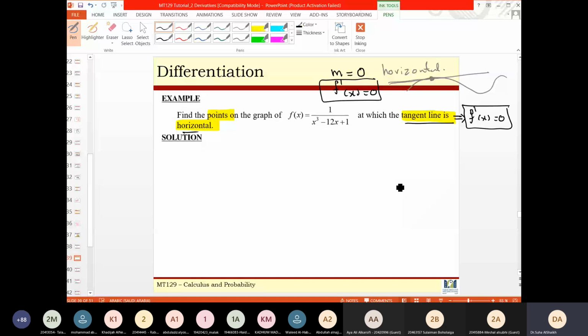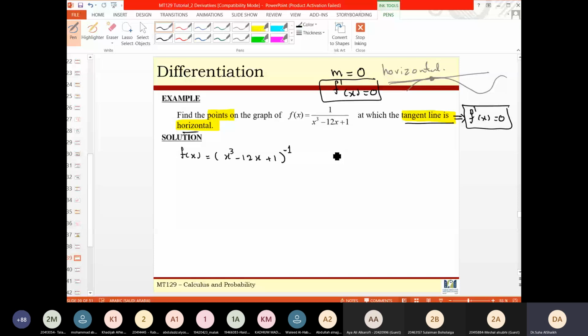So I have to find f dash. Then I have to let f dash equal to 0. Now the function f of x is 1 over x^3 minus 12x plus 1. I can write it like (x^3 minus 12x plus 1) to the power minus 1, because I want to use the power rule. Otherwise I cannot find the derivative. I bring it up to power minus 1 and now I find the derivative.